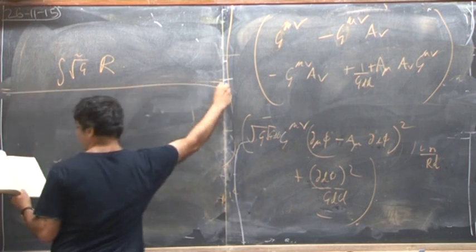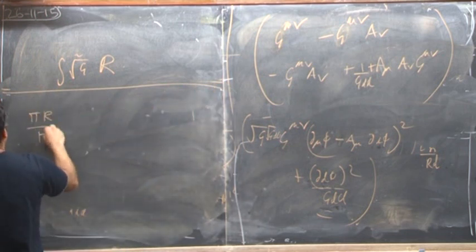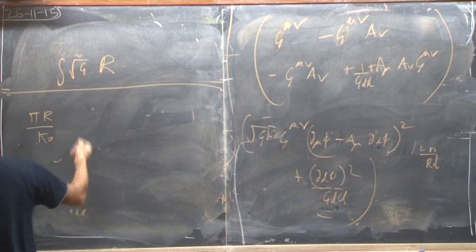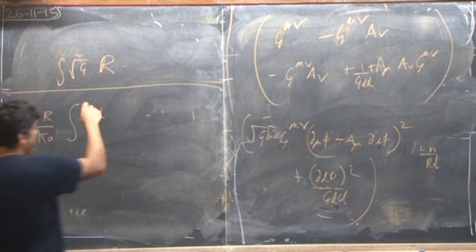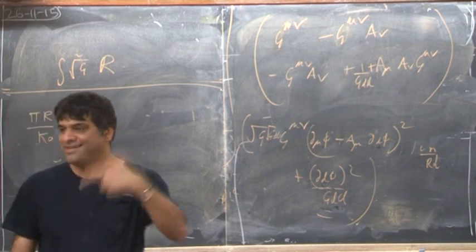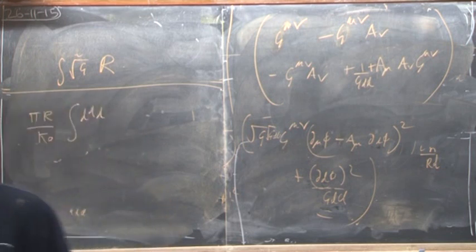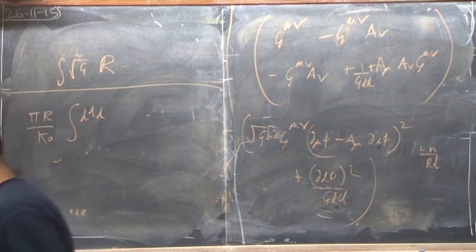The final answer turns out to be pi R by kappa_0 squared, integral d^d x. Here, by the way, I'm assuming that all the fields have zero momentum in the translational invariant direction. So we're looking at the dimensionally reduced action with no momentum in it.